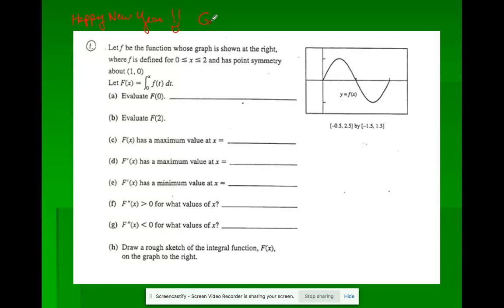All right, so remember what we were learning was the first fundamental theorem of calculus.